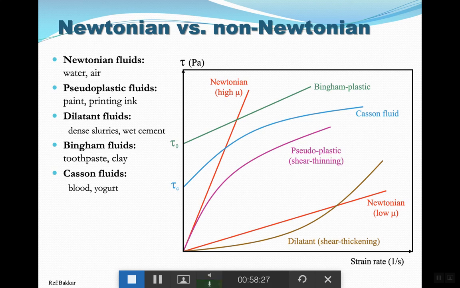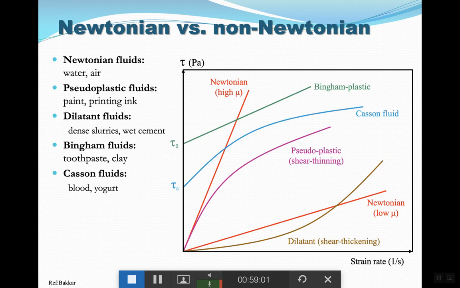Or another example, honey or toothpaste, which are both similar. Their viscosity changes with the force you apply to them. As you increase the shear force on these liquids, the viscosity decreases. For example, you see honey dripping from your spoon. As it drips more and more and gets elongated, it can flow easily.